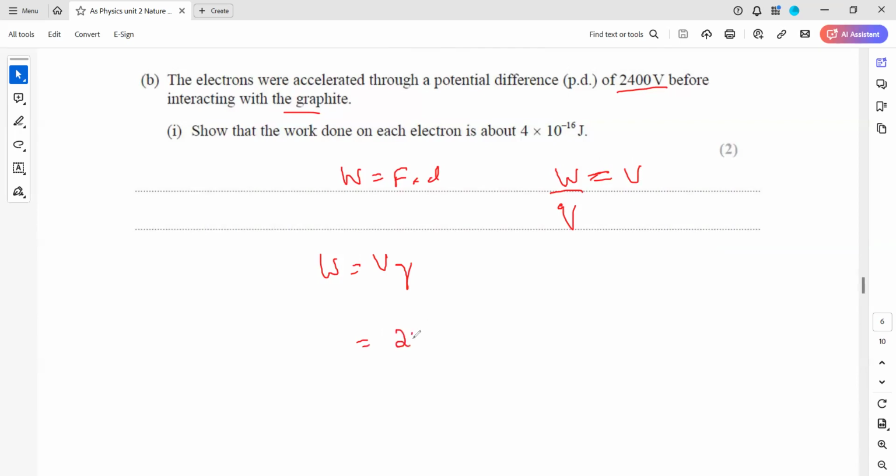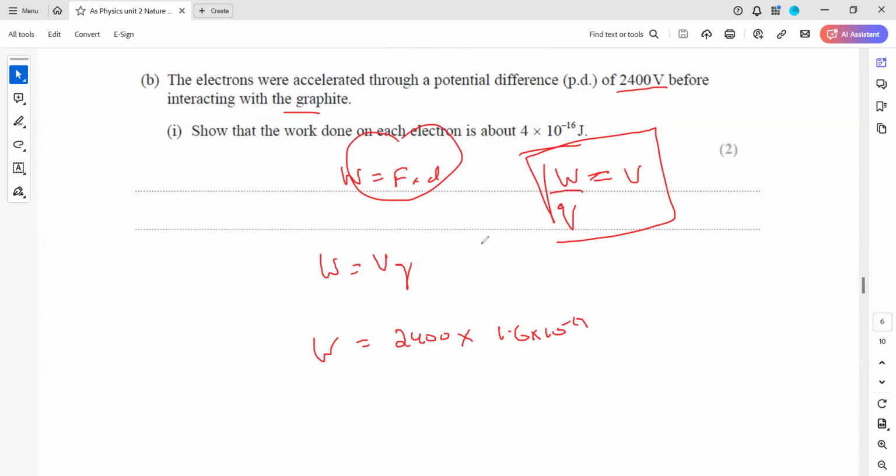How much voltage is there? 2400. And the charge of the electron is fixed, which is 1.6 into 10 to the power minus 19. When you multiply them, you will get approximately 4 exponent minus 16 joules. So work done is force into distance, but in electricity, voltage is work done per unit charge, so work done is voltage into charge.